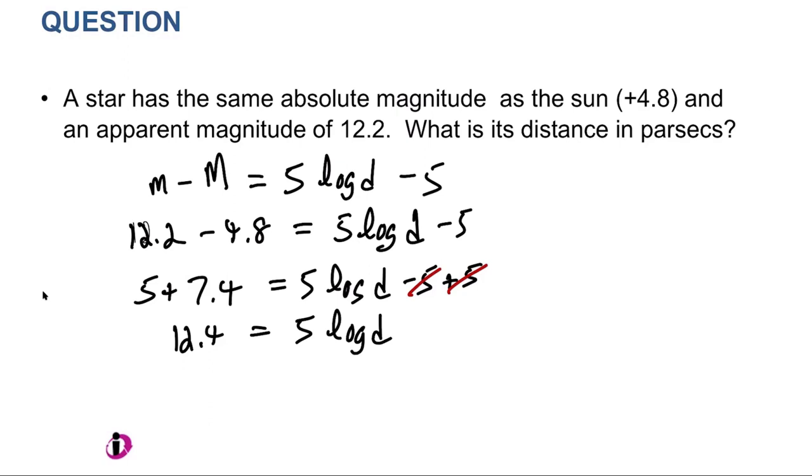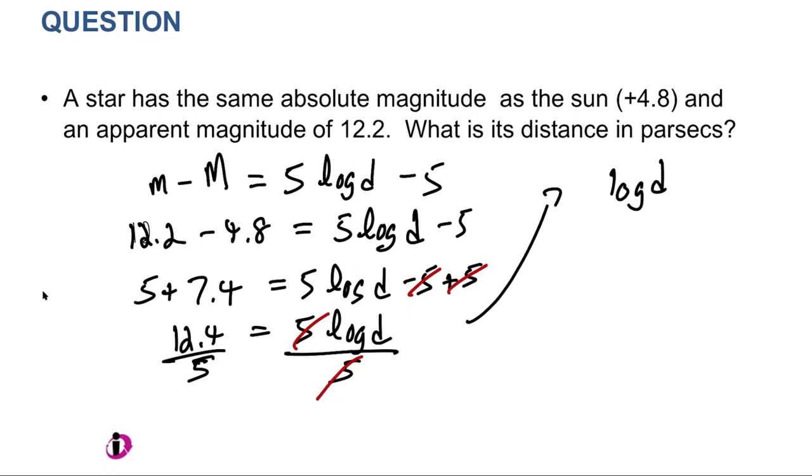Great. Now, how do you get rid of this 5? Well, this is a multiplicative factor on this log d, so we have to divide by it. The 5s cancel out over here, and we get that the log of the distance is equal to 12.4 divided by 5, which is 2.48.